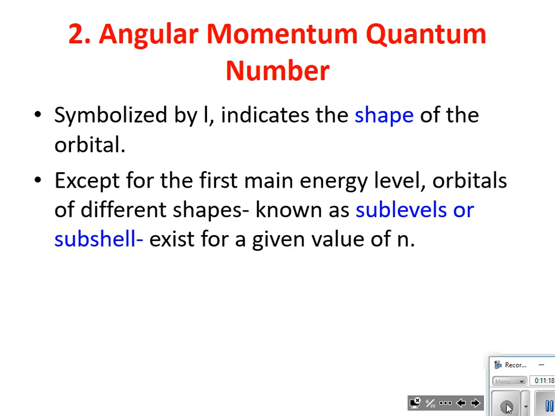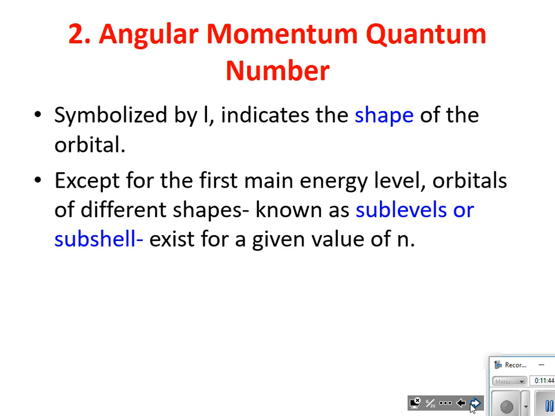These exist for a given value of n. So we will have main energy levels, which is n, and then we will have sublevels. Those sublevels we assign letters to.